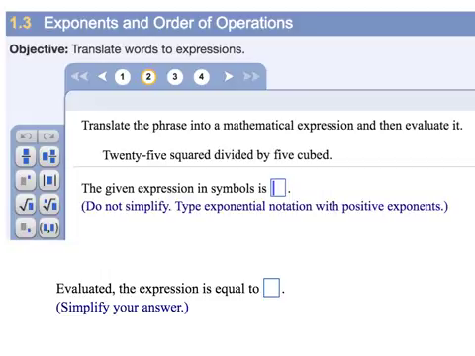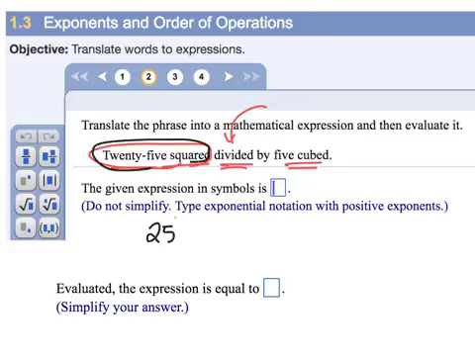More of the same. It says 25 squared, so that's a number right there, divided by 5 cubed. So the first thing we need to do is write our expression. And now I'm going to use the division. I'm going to write a fraction for my division. So when it says 25 squared, that's going to be 25 squared.